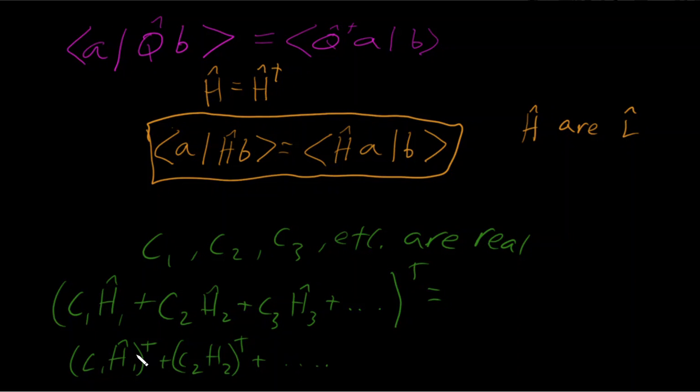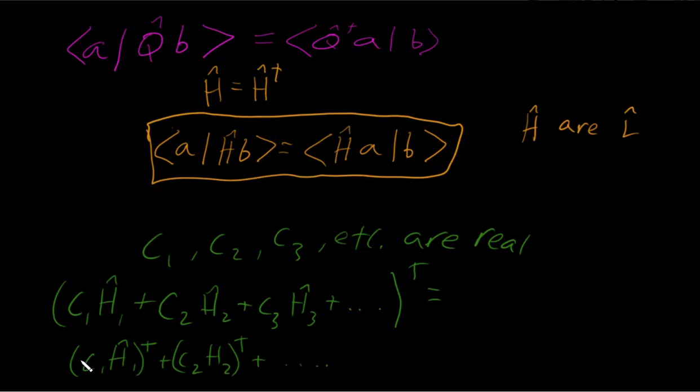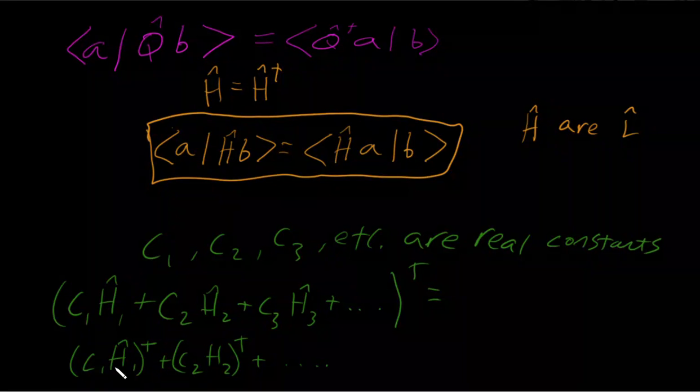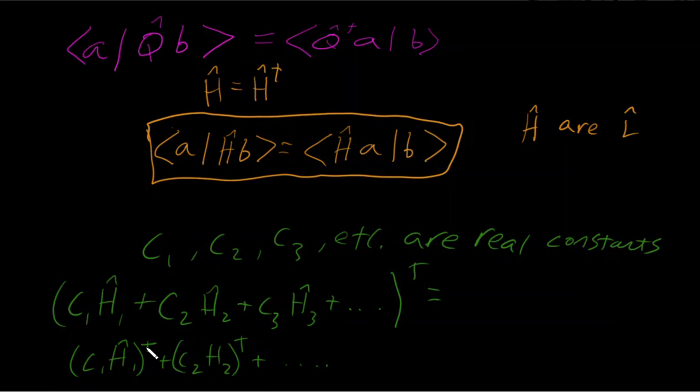So this, right, we can sort of distribute this Hermitian conjugate. Well, C1 dagger and C2 dagger, and if they're real, they're scalars, right? And are real constants, which are scalars, right? So they're real scalars. This means C1 dagger is C1 complex conjugate, which is just C1 because it's real, right? Times H1 dagger, which is H1, because it's Hermitian, right?